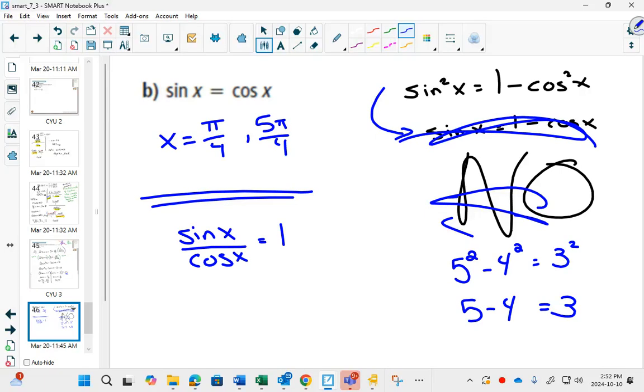No. So technically that's not a solution, so you are allowed to divide by cos. And if I divide by cos, what could I change sine over cos to? I could change it to tan. And then you're like, hey, wait a minute, is that on your pie plate? That's my pi over 4 family, in quadrants 1 and 3. Same answer.